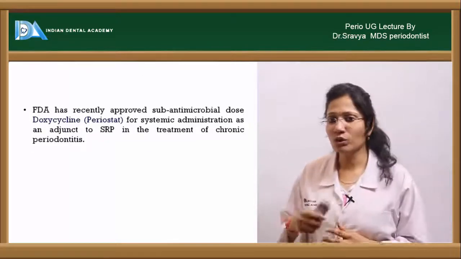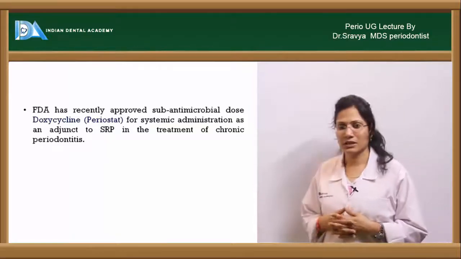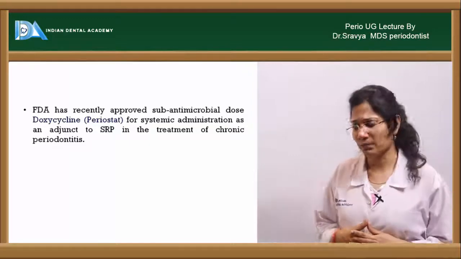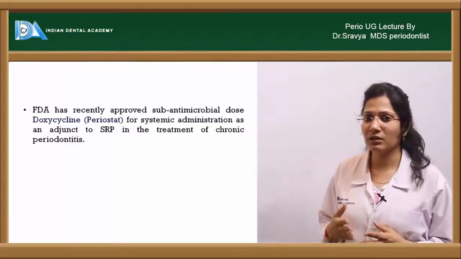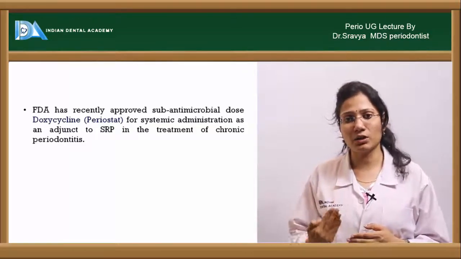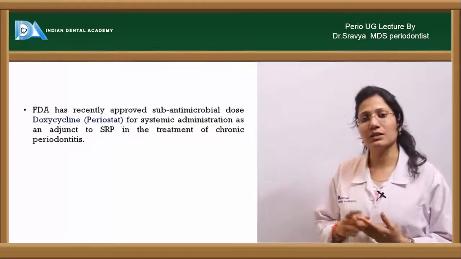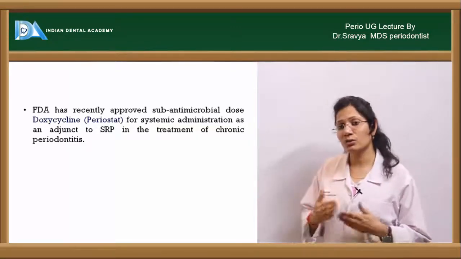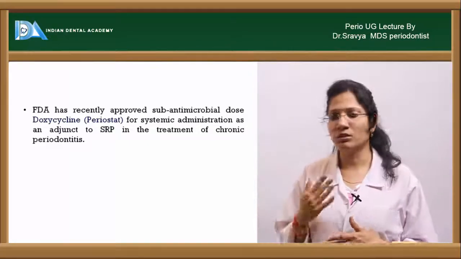Now, you know that doxycycline is a modified form of tetracycline, and this group of drugs are basically antibiotics. Most of the time, the antibiotic dose of doxycycline is about 100 milligrams, which is given just once daily.